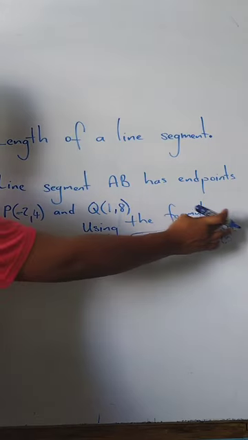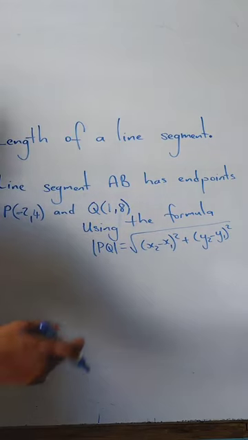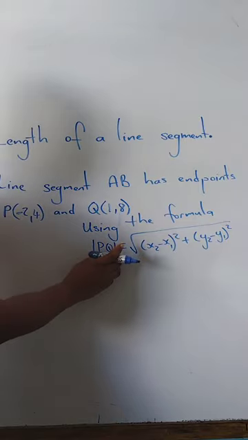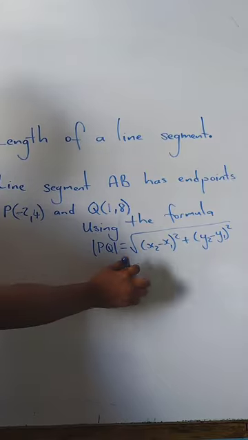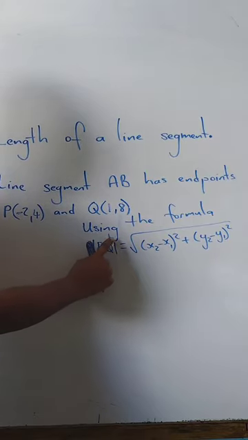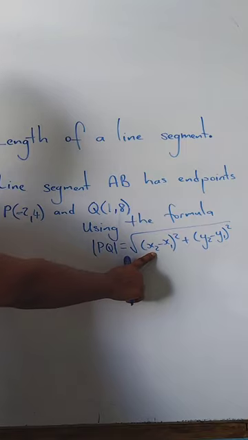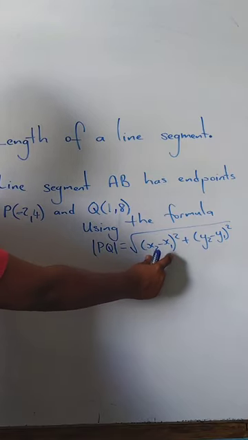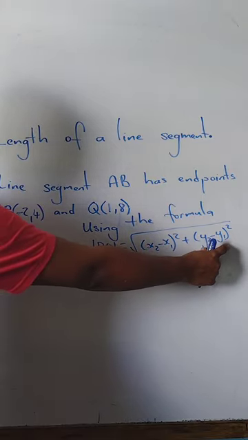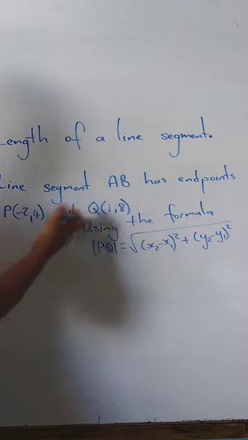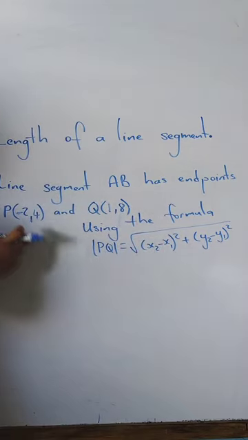This formula indicates what the Pythagorean theorem states: the length of the hypotenuse, in this case PQ, is equal to the square root of, because this would have been originally squared, and to eliminate the square we take the square root of both sides. So the square root of x2 minus x1, which gives me the base of my triangle, and I should square that, plus y2 minus y1, which gives me the height of my triangle, and I should square that. So how do I use this formula with these two points?